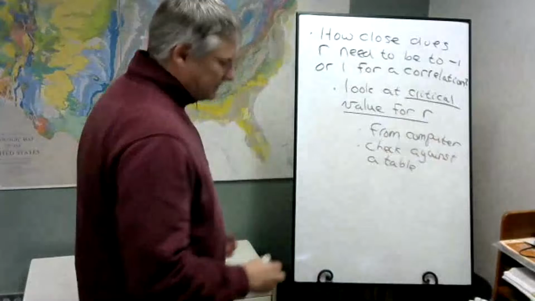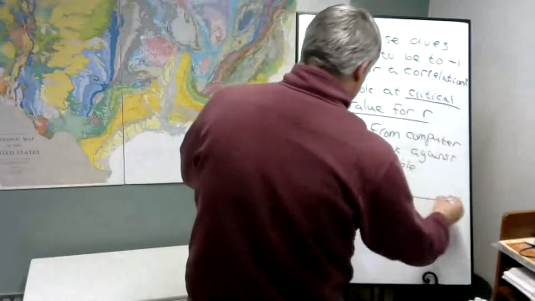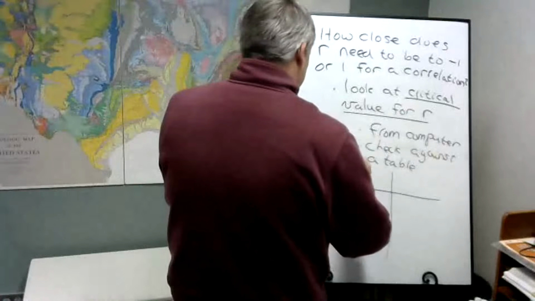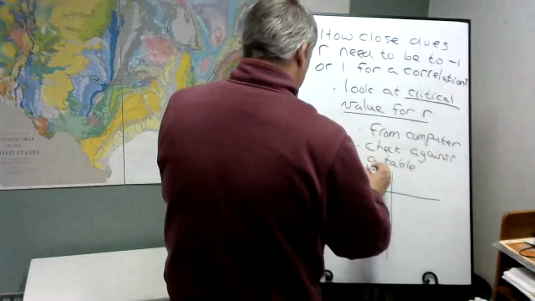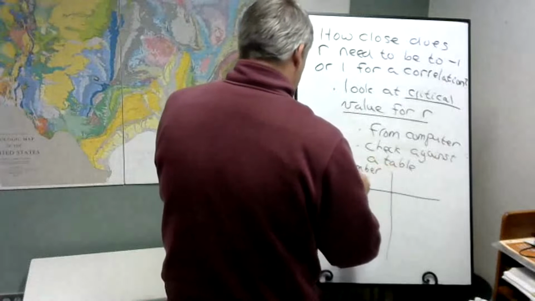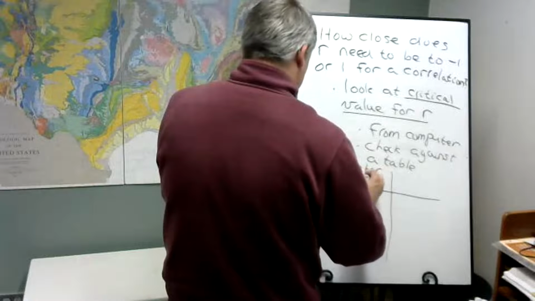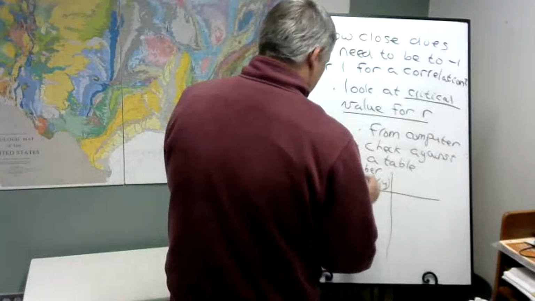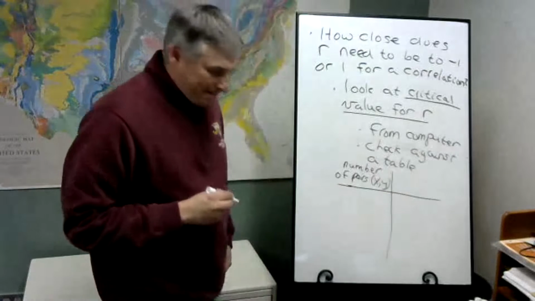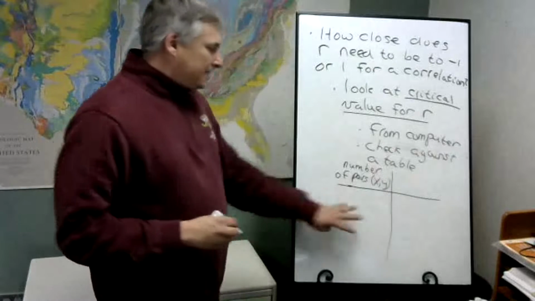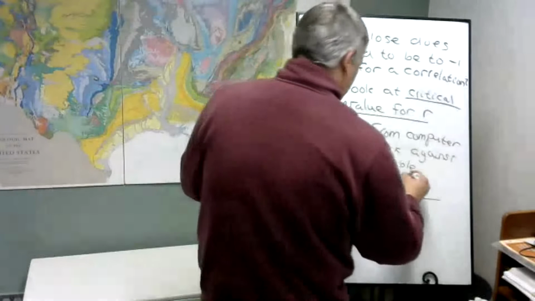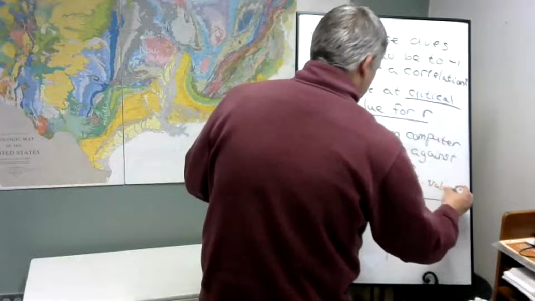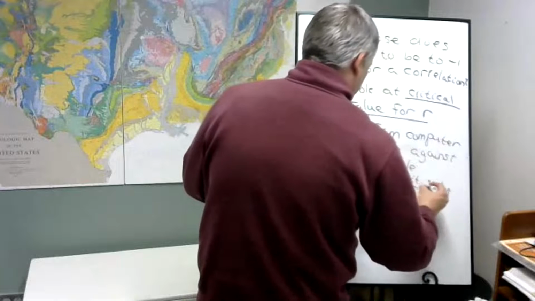And so the table's based on this. You have your number of pairs, so how many points you have to plot. And on this table, there is a critical value for R.